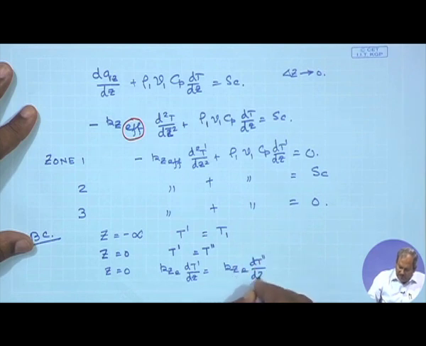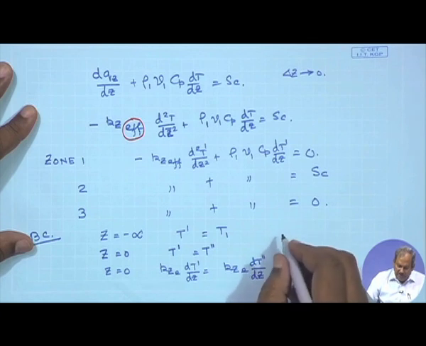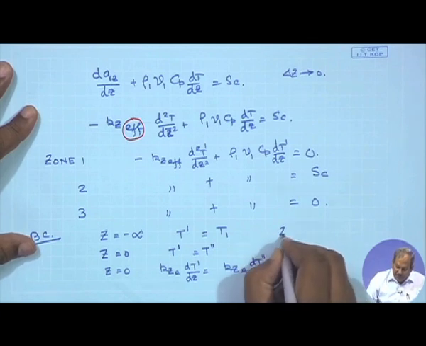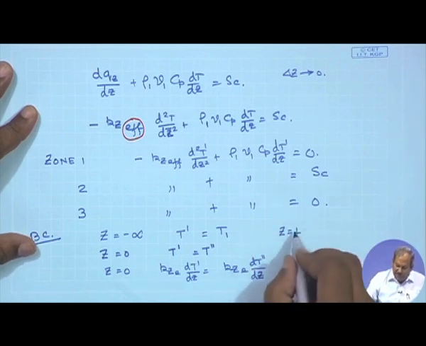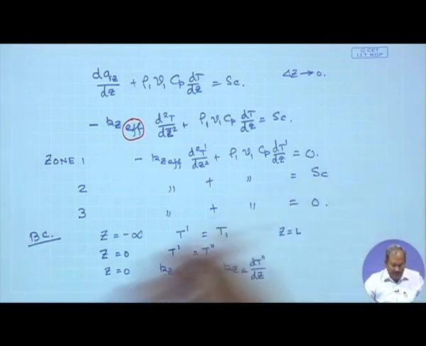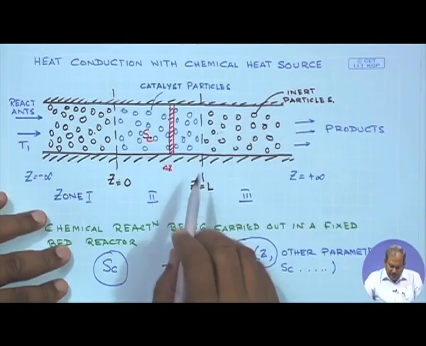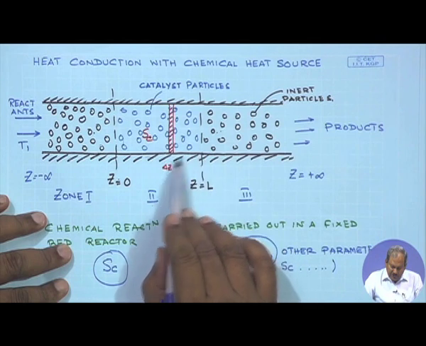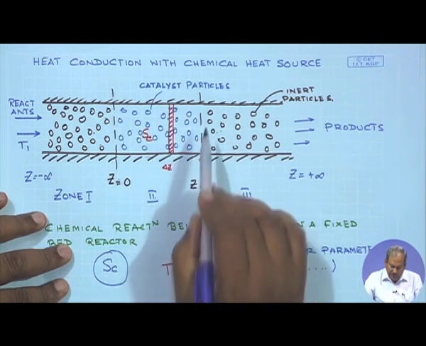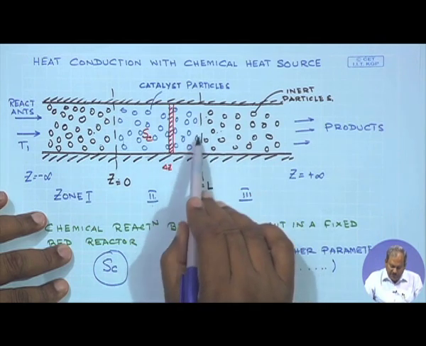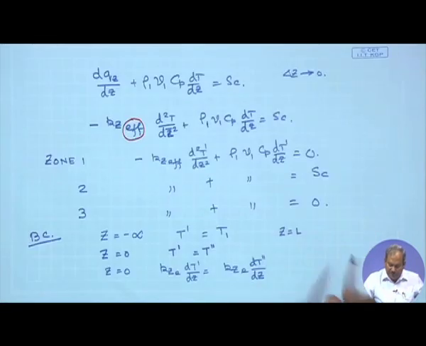And the other one that you get is at z equals L, that is the junction of zone 2 and zone 3. The temperatures must be continuous, and the heat fluxes must be continuous.